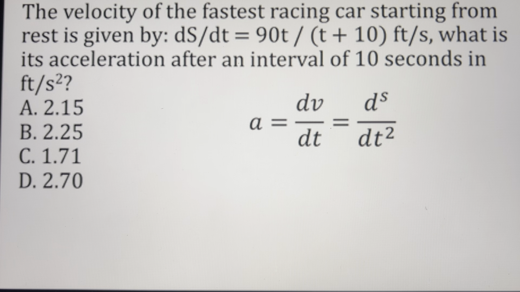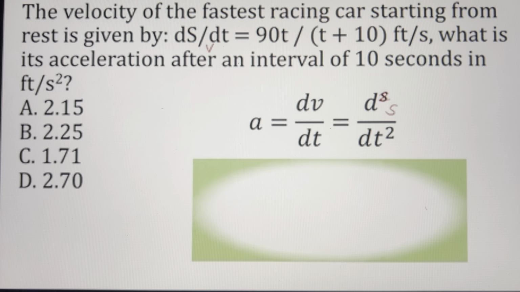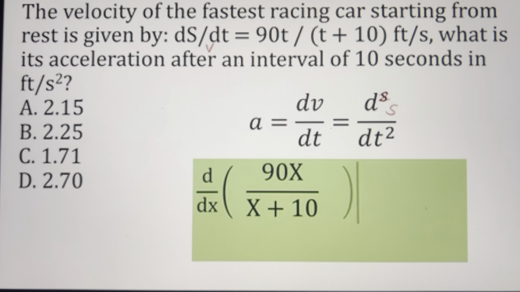So that is our second derivative of s with respect to time. Meaning we already have here our velocity, and we need to get the derivative of that equation. So let's rewrite that equation, but in terms of t, we will be using x, and then get the derivative at time t, or x equals 10. So this will be equivalent to 2.25.